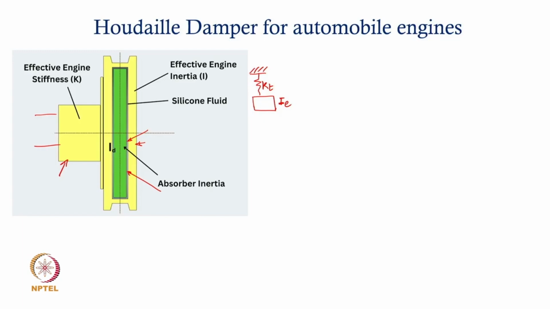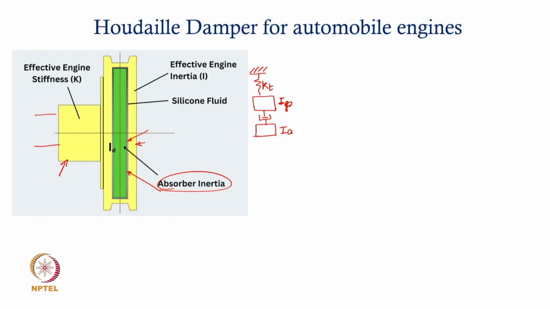This inertia is that of the pulley, if you want to write it as IP, and then you have another inertia, the absorber inertia, denoted as IA. The interesting part of this connection is that it is not connected by a spring and a dashpot, but just a dashpot. Assuming that the fluid does not provide any significant stiffness but quite a substantial amount of damping. So the connection is through a dashpot, and this is a novel design.